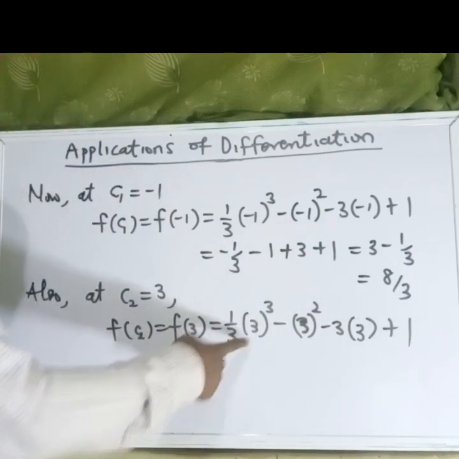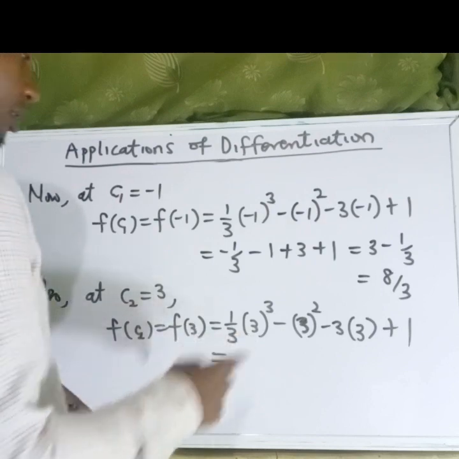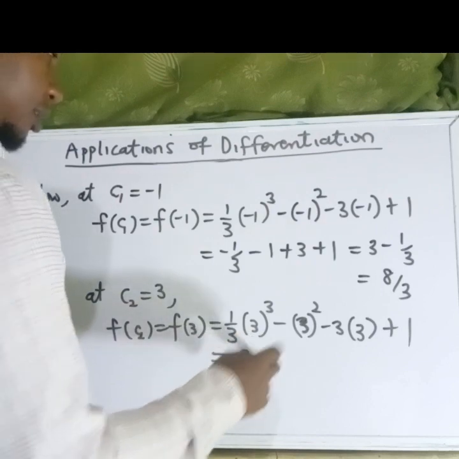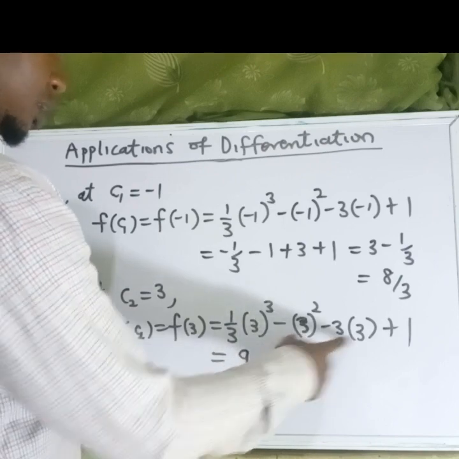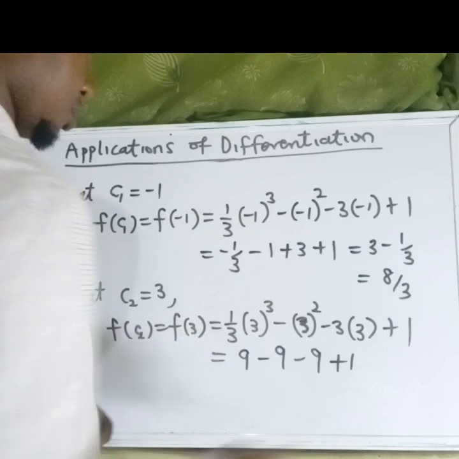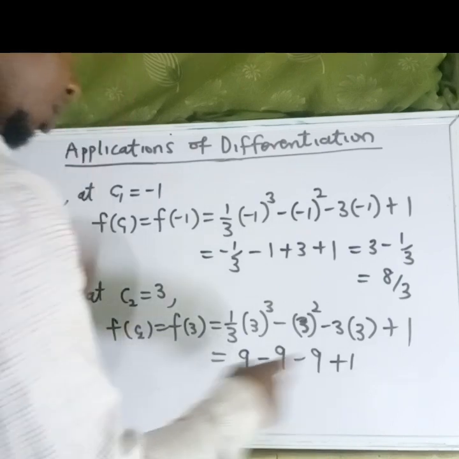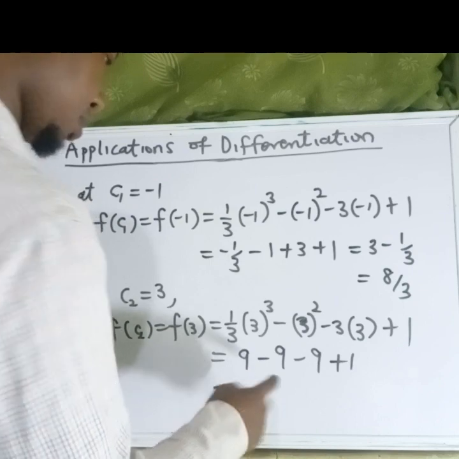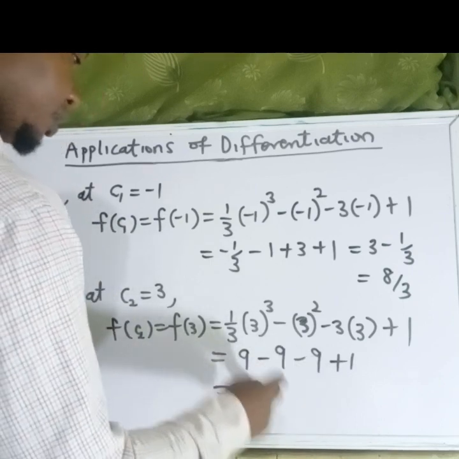So 3 cube is 27 divided by 3, that is 9. 3 square is 9, and 3 multiplied by 3 is 9, so -9 plus 1. If we cancel this, -9 plus 1 will be -8.